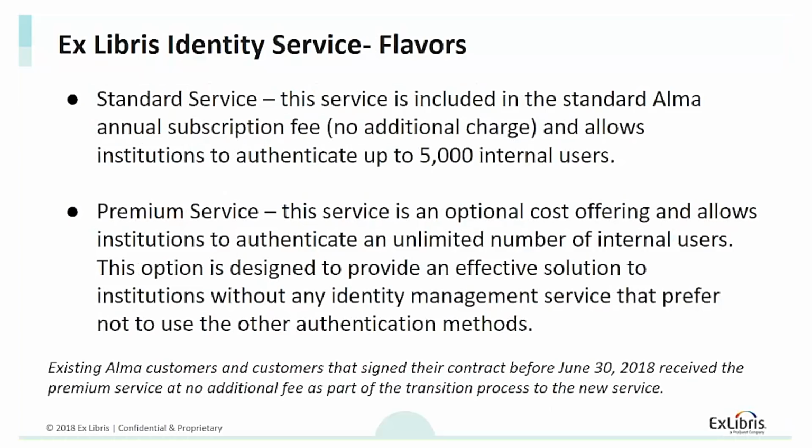The overwhelming majority of institutions have some kind of combination of authentication services. They have an institutional identity provider, which covers most patrons, and then they have leftovers that need to be managed. And so that number of 5,000 handles the overwhelming majority of institutions.